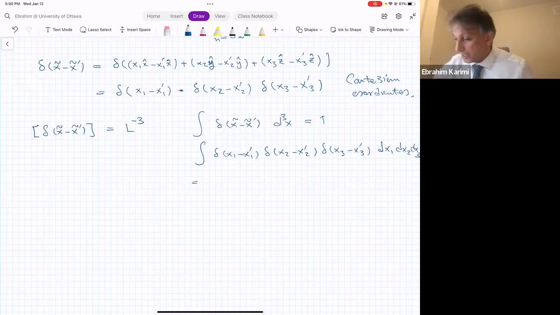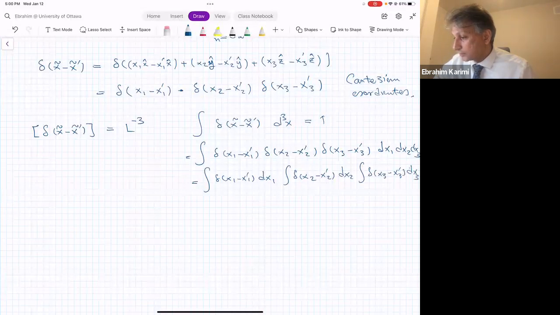That is 3 individual integrals, each giving 1, so it is equal to 1 multiplied by 1 multiplied by 1.